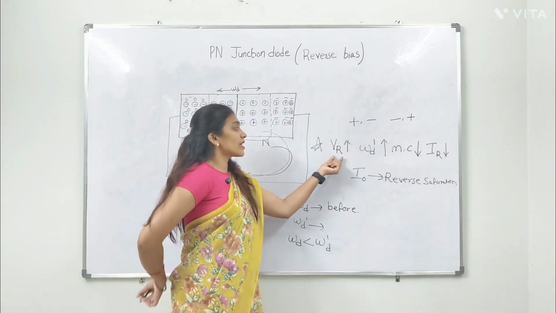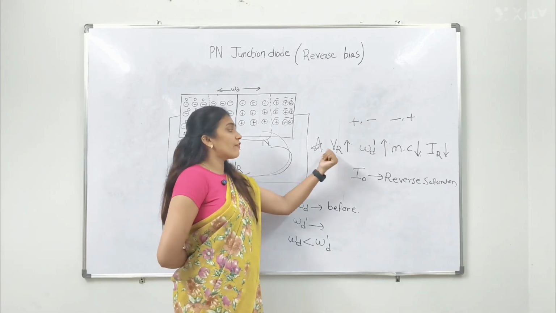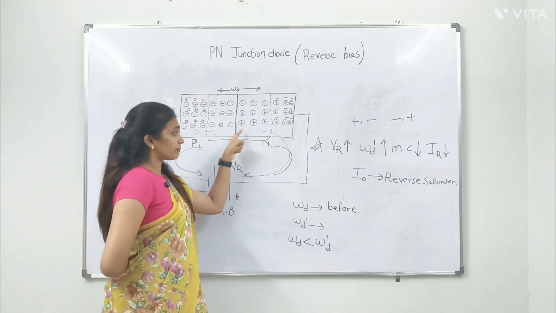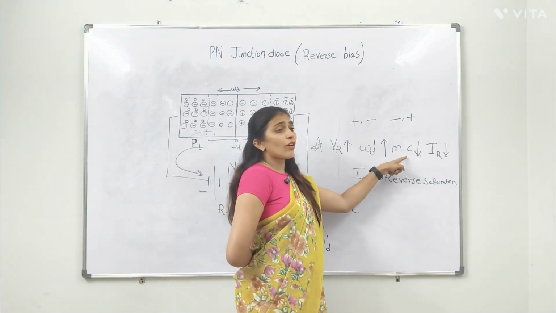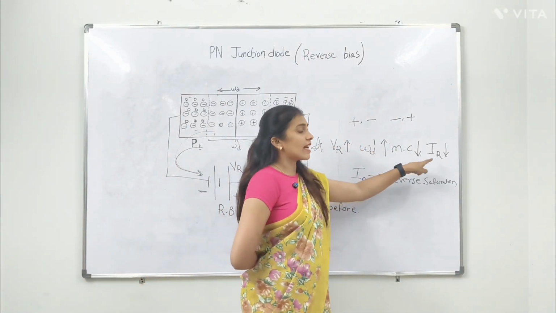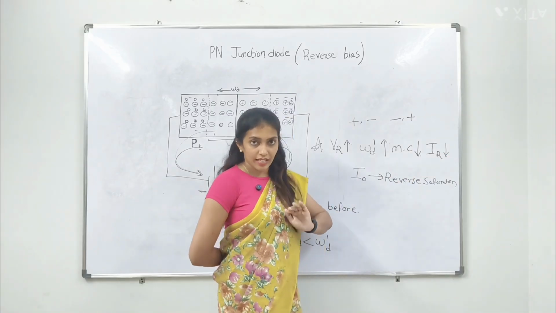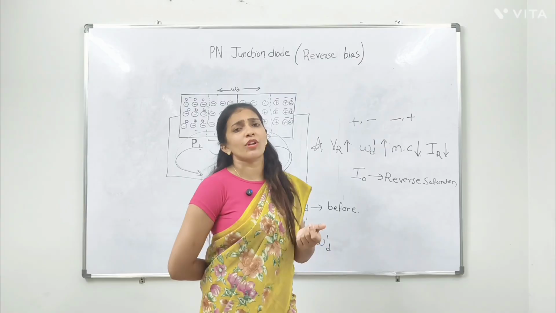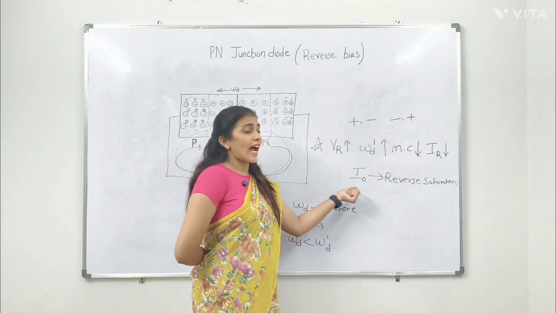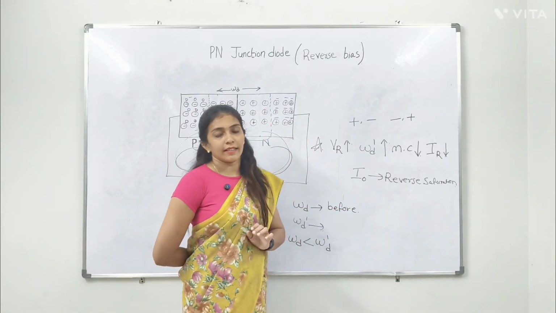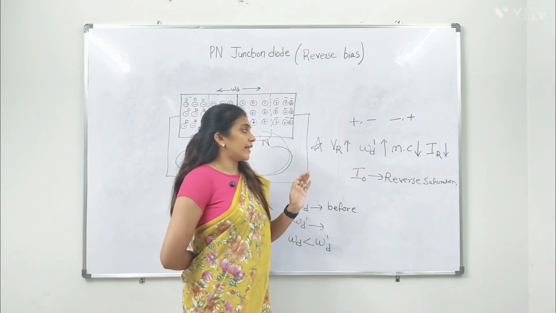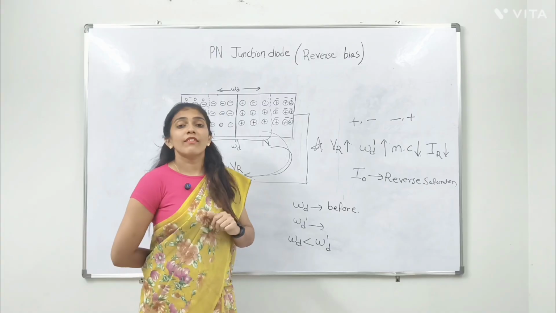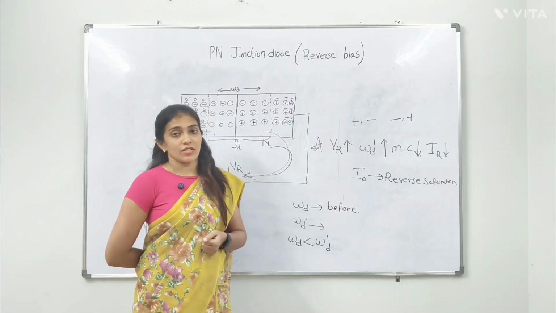When the diode is in reverse bias condition, if the reverse voltage increases, the depletion width increases, then the movement of charge carriers decreases, and obviously the current also decreases. But due to minority charge carriers, there is a small amount of current. That current is called reverse saturation current. So this is what happens in a PN junction diode when it is in reverse bias condition.